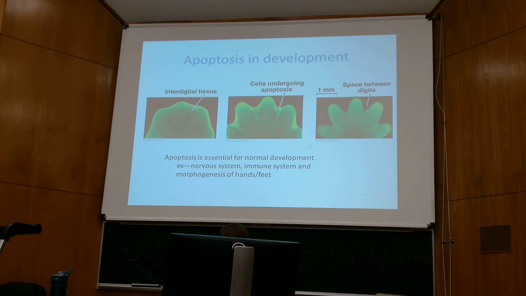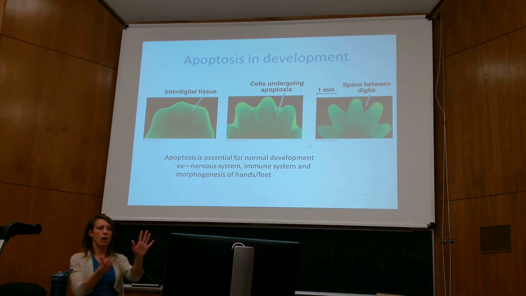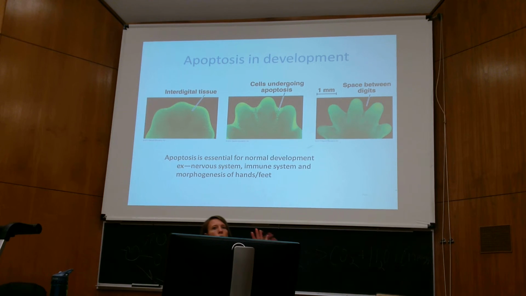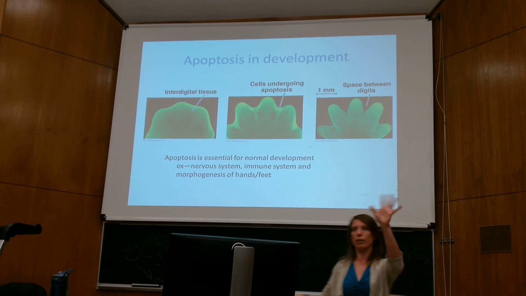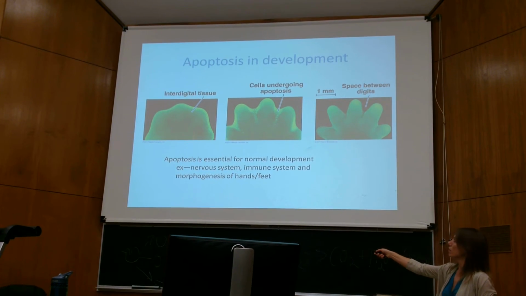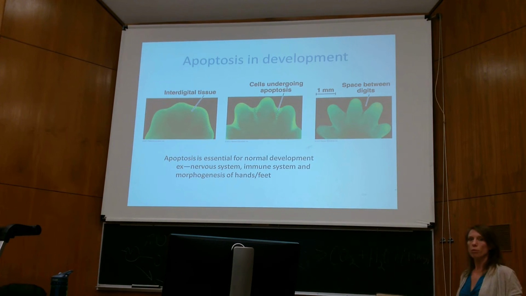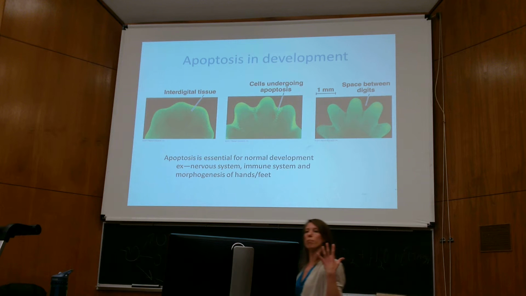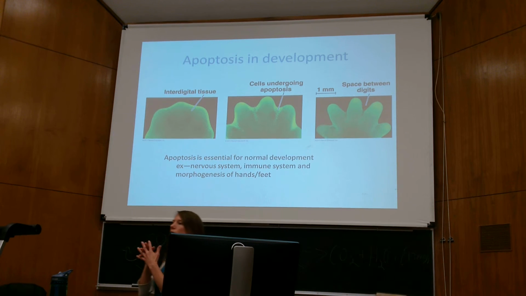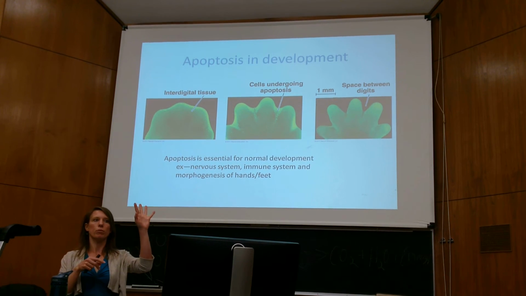So apoptosis is actually really important in development, with the nervous system, immune system, and here we see in morphology. When our hands are being formed, there's skin tissue basically covering all of our digits, right? And so through normal development, there's a program of apoptosis to kill off all the cells between our fingers.